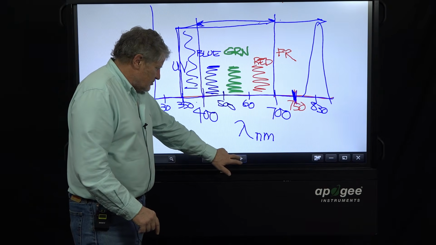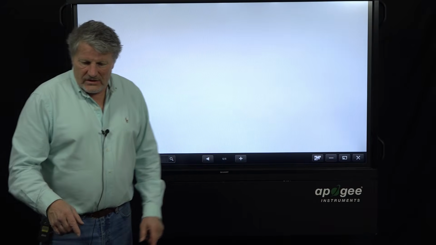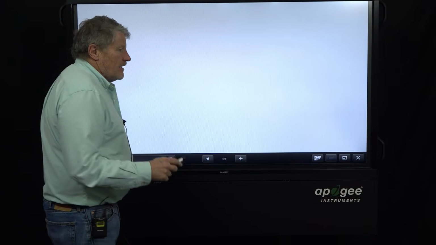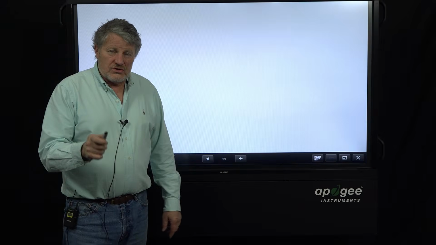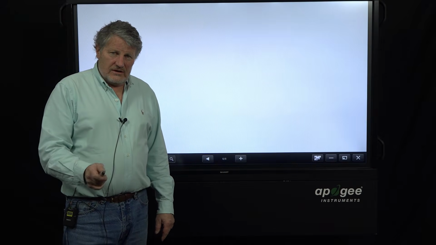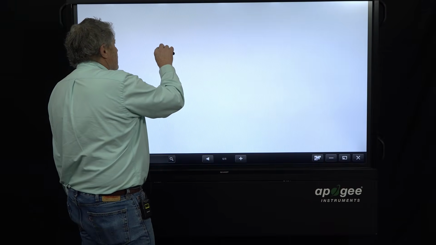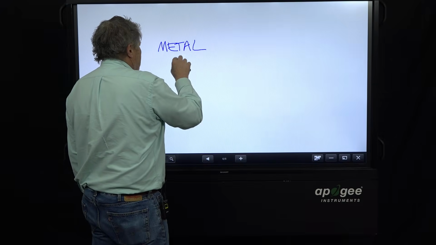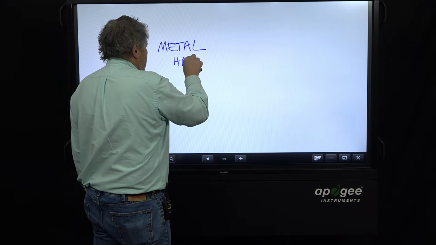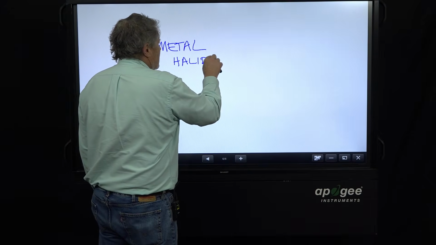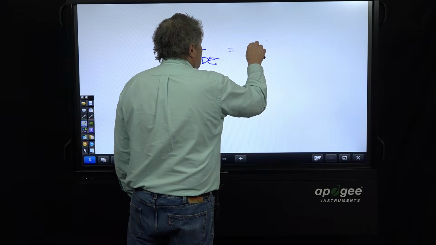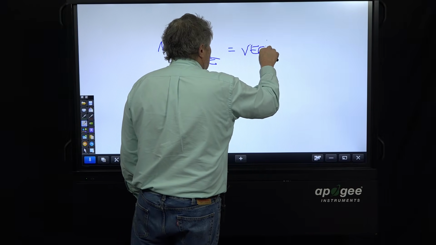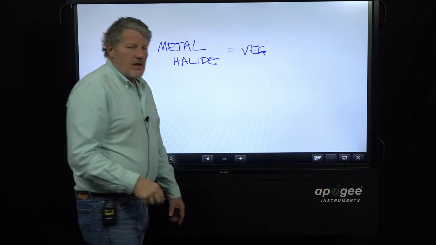And let's do this in a different screen. Here's my marker. For years, before we had LEDs, people said, you want to do metal halide for veg, before they became reproductive.